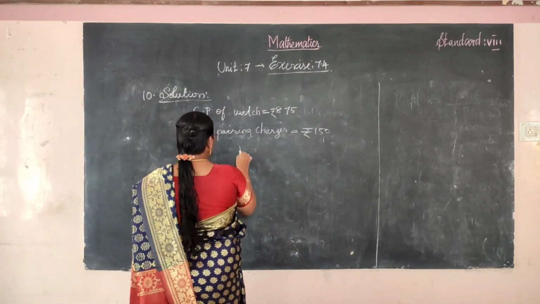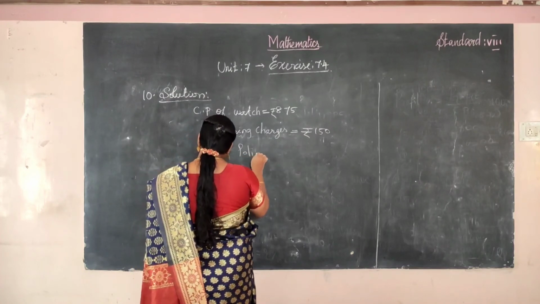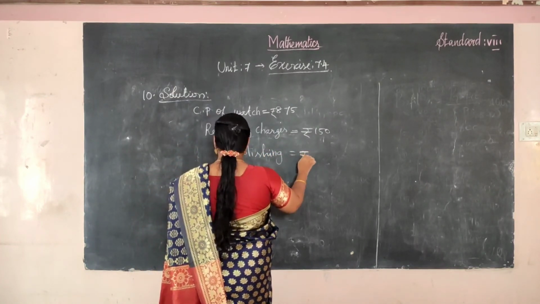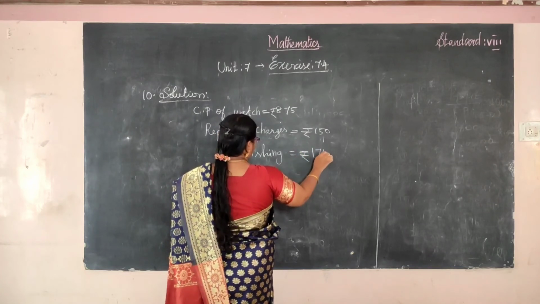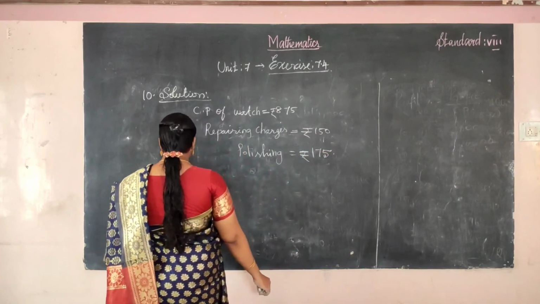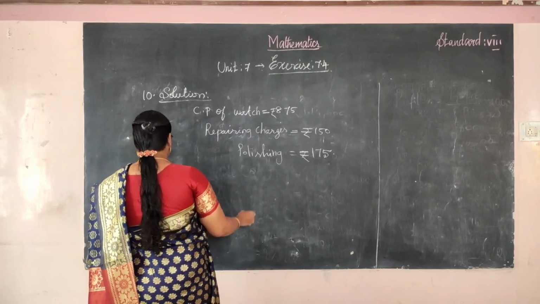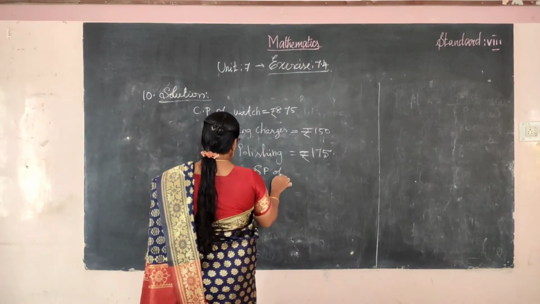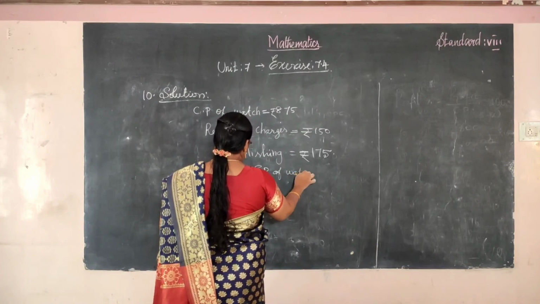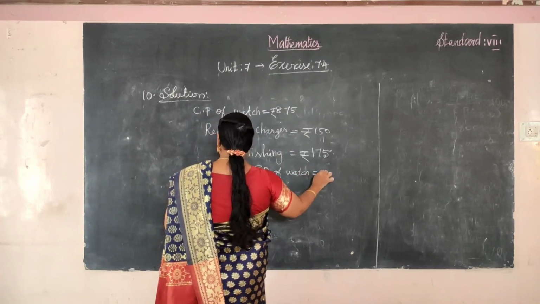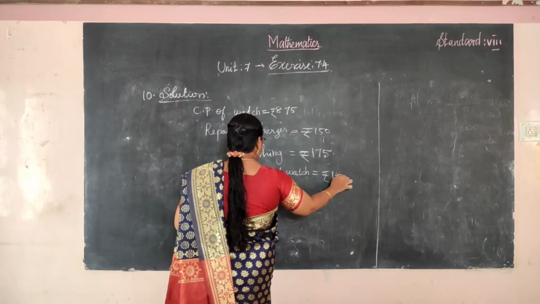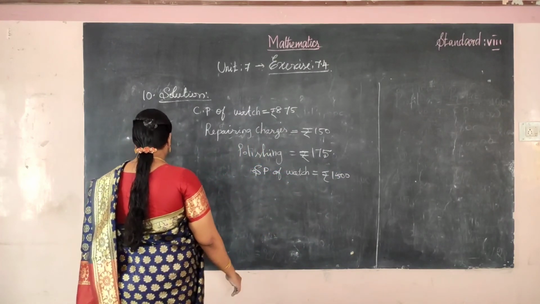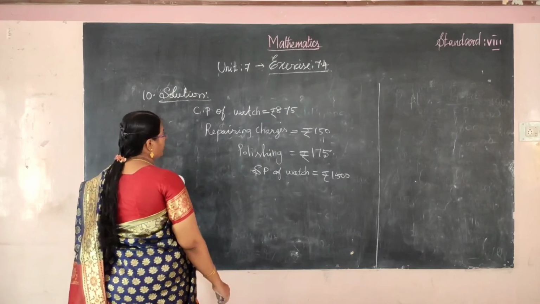And then polishing is equal to rupees 175. And selling price SP of the watch is equal to rupees 1,500. Find the profit or loss percentage.